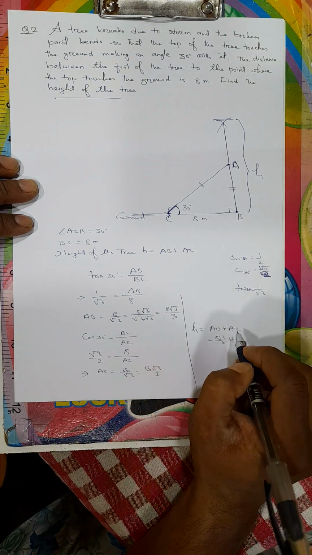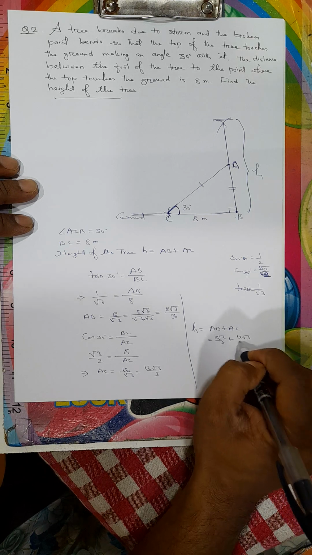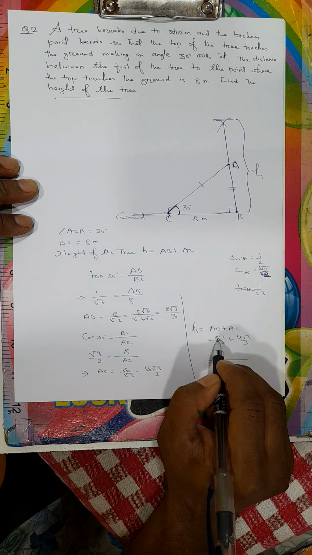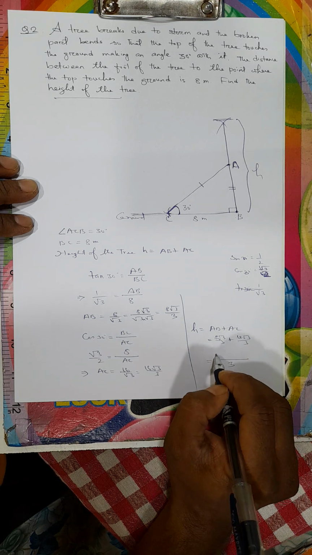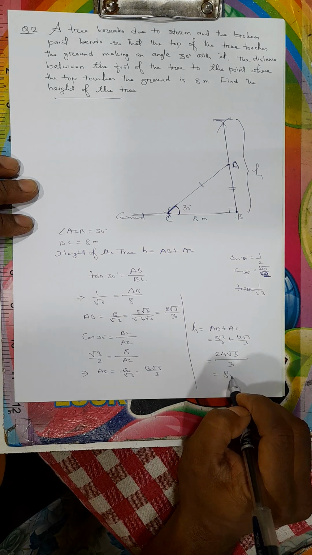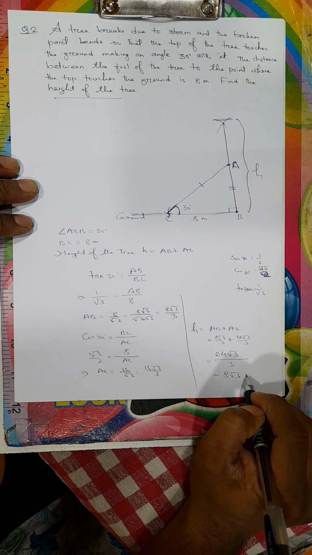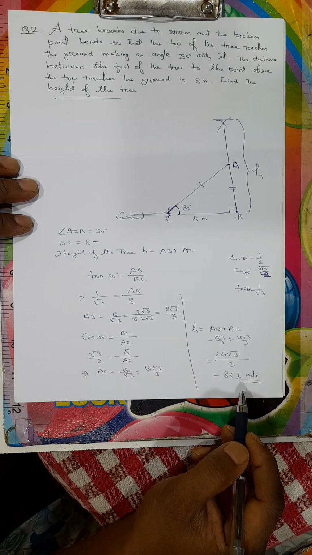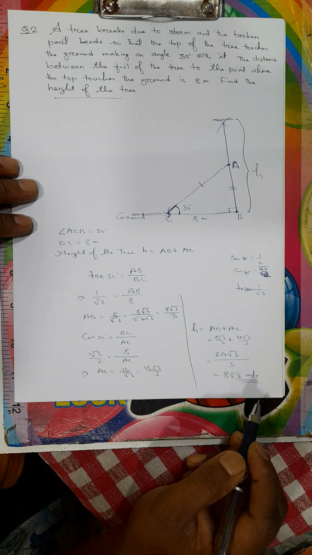AC means 16 square root of 3 divided by 3. So LCM is 3 here. 8 plus 16, 24 root 3 by 3. So the answer is 8 root 3 meter. This is the height of the tree, 8 root 3 meter.